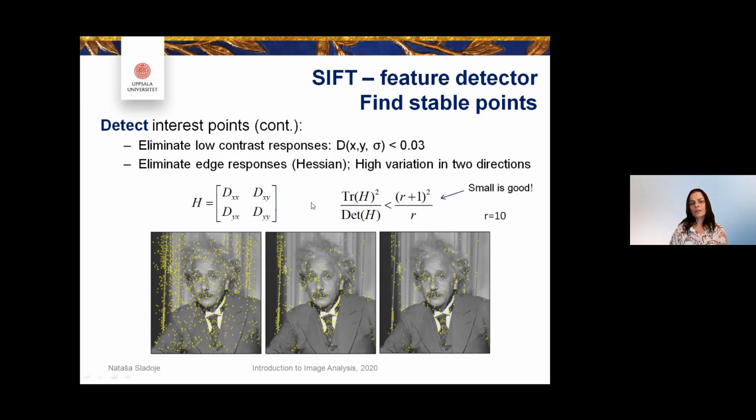So we have that same correspondence already mentioned when we talked about Harris, which connects the trace and the determinant of the matrix with its eigenvalues. Looking at the ratio, we can identify locations where eigenvalues are large and similar enough.